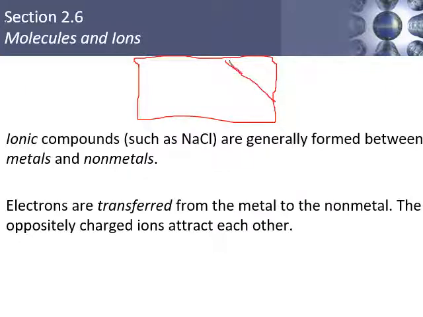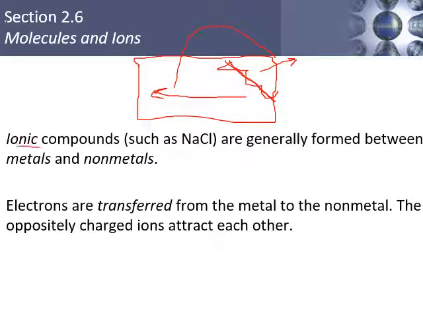This divides what we call the metals from the non-metals. So everything over here is called a metal, and everything up here in the top right is called a non-metal. And then there are also some things here in the middle that are called metalloids, which we'll talk about later also. So whenever you've got a bond between one of the metals and one of the non-metals, you have an ionic bond.